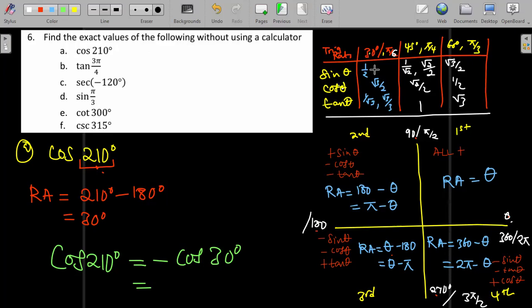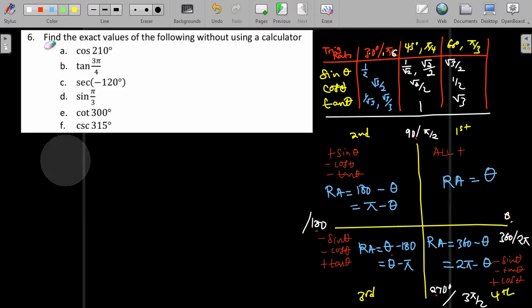Okay, cos 30 is just, of course, I write this minus in front, and then cos theta is just root of 3 over what? Over 2. So that's all. So the value for this guy is minus root of 3 over what? Over 2. So you see that as long as you know whatever I've explained, you can easily find the values there. Right, so that's on A.